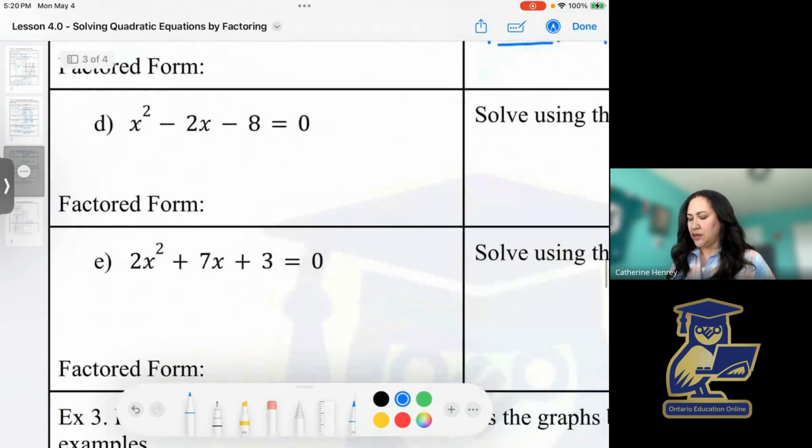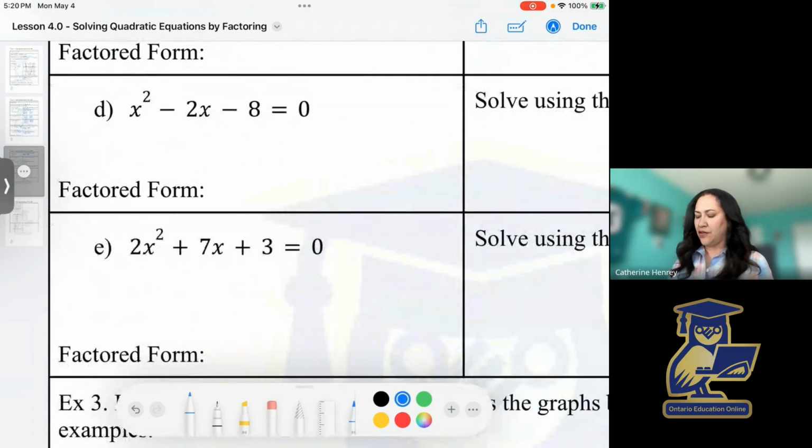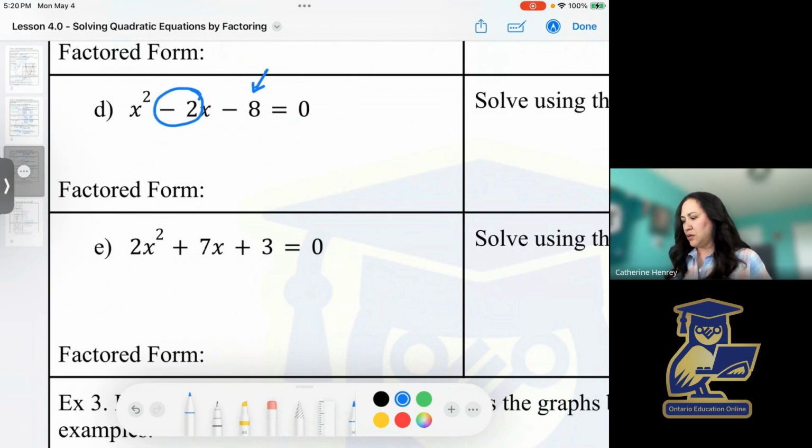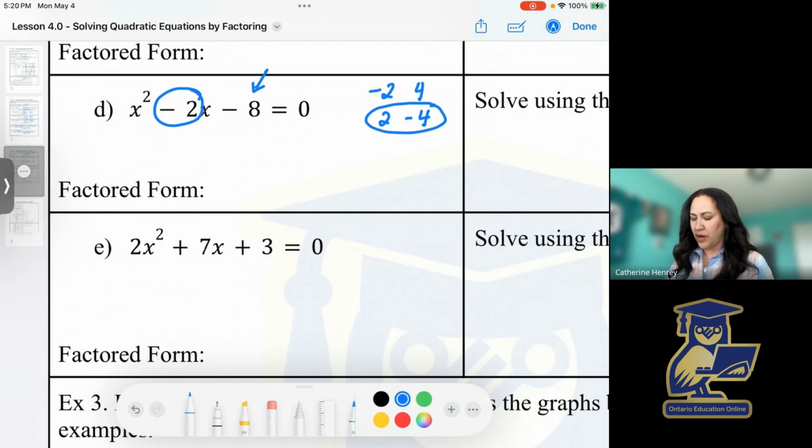For D, we have another simple trinomial. We have to find a number that multiplies to give us negative 8 and adds to give negative 2. So I can do negative 2, positive 4. I can do positive 2, negative 4. And I think I've found them already. Here are my factors. So writing this quadratic in factored form, we'll have x plus 2 times x minus 4 equals 0.